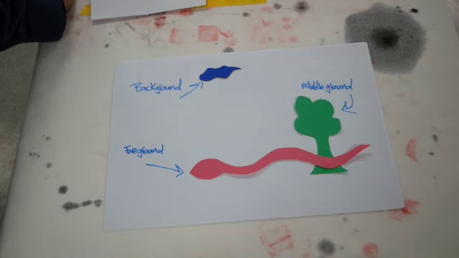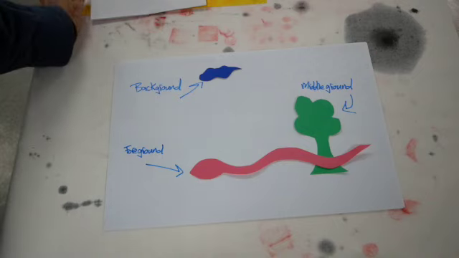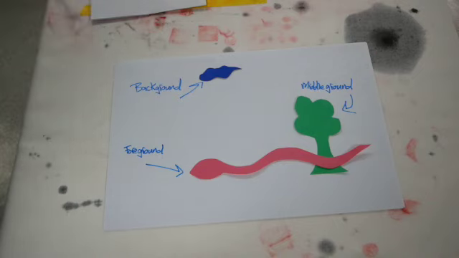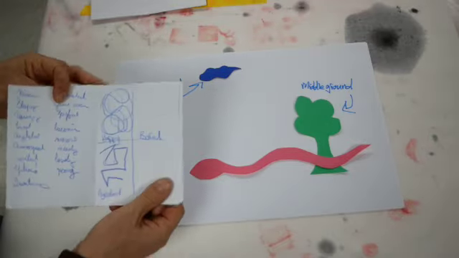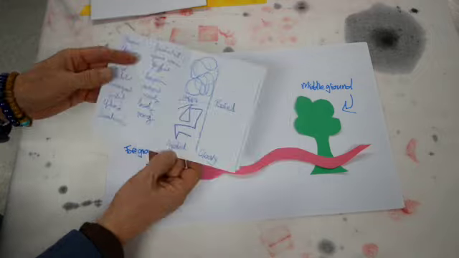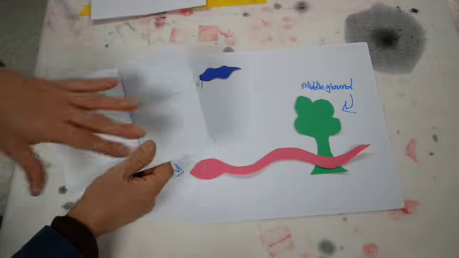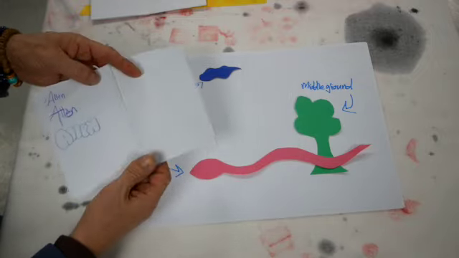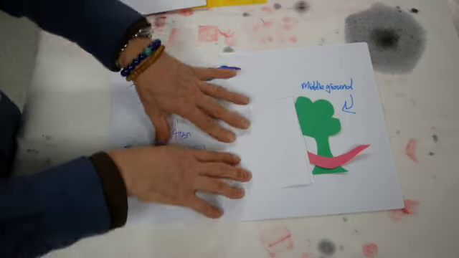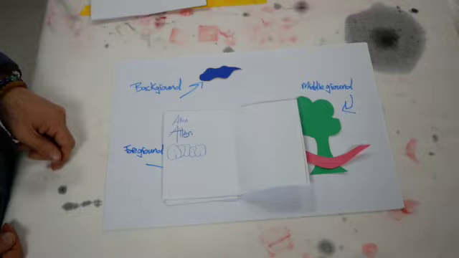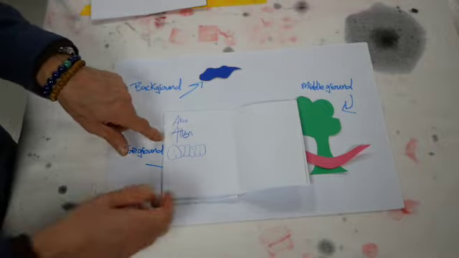If you find yourself completed with this activity at the end of class, then what you do is go find your name book. You remember that from before? All right, we did the lines, we got the boring lines and the groovy lines, and then we decided our own. And then we practiced writing our name in different ways. So what you should do is choose the one you like the best. All right, I like this one here.